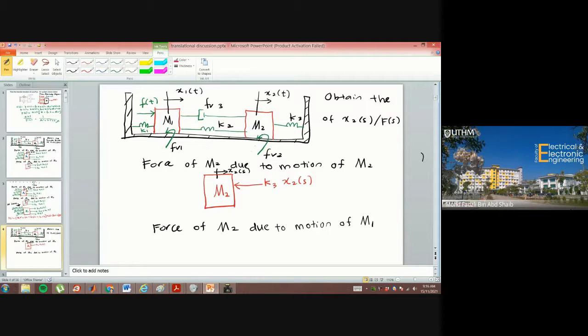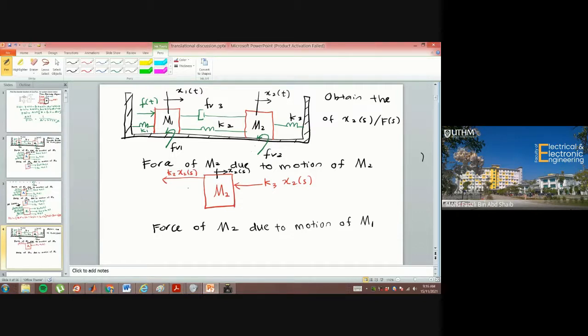Left hand side, we have... Maybe we take a look at K2. This one, K2, FV3, and so on. K2 times X2S.